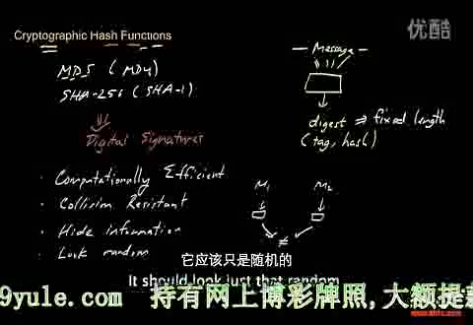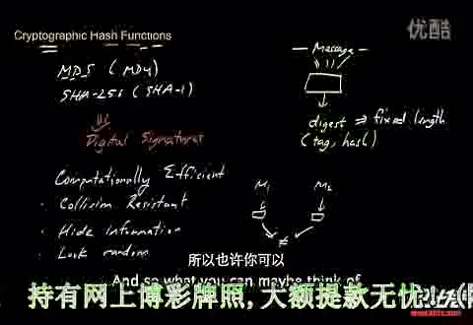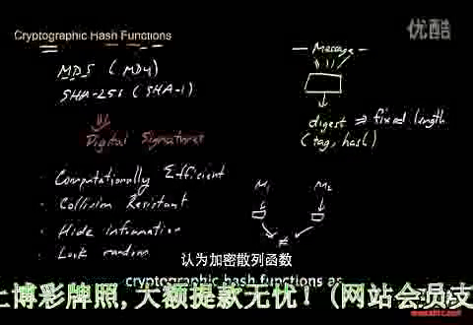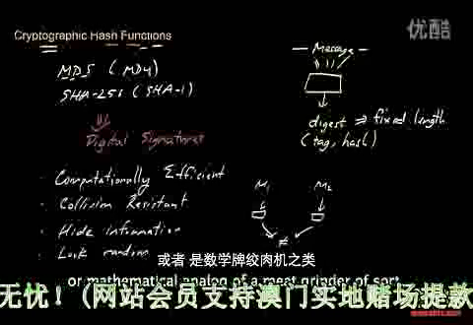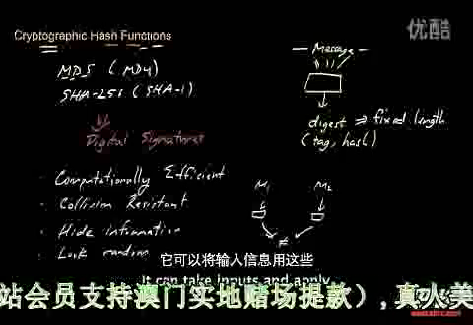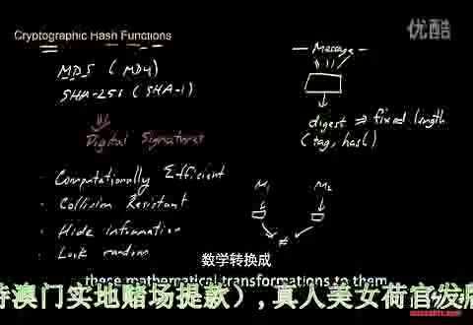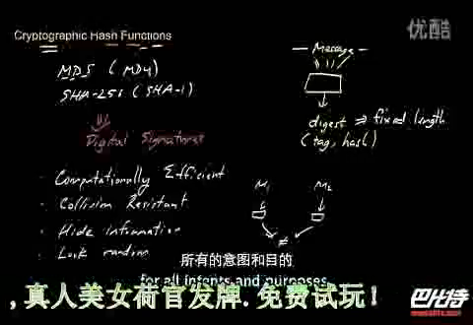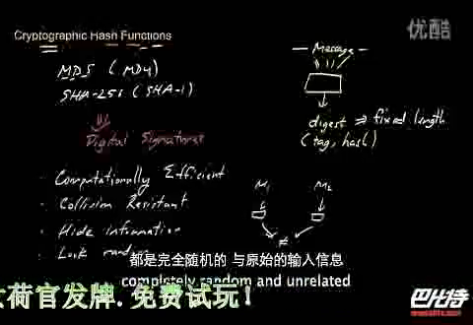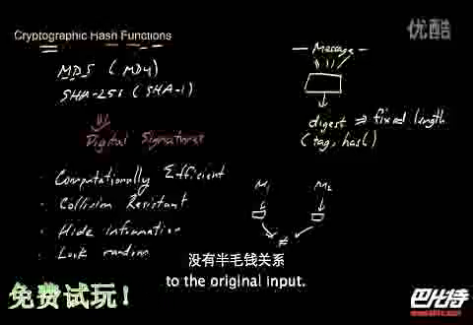It should look just that random. And so you can think of cryptographic hash functions as perhaps the mathematical analog of a meat grinder of sorts. It can take inputs and apply these mathematical transformations to them such that the output looks, for all intents and purposes, completely random and unrelated to the original input.